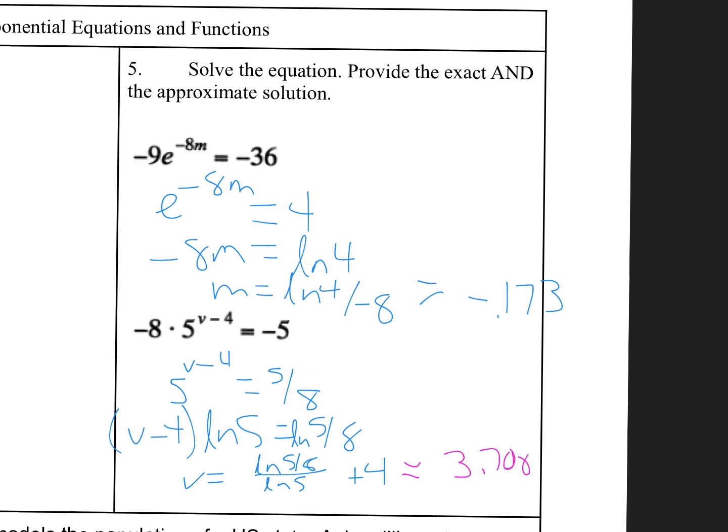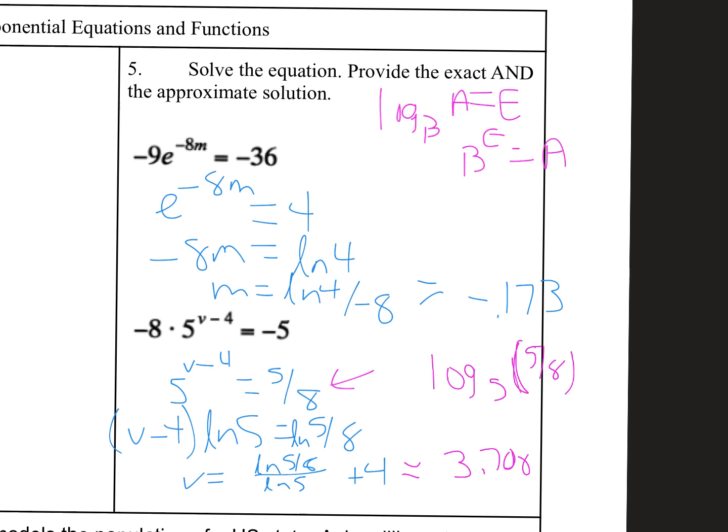I did mention you could have, at this stage, written it differently. So if we think of the log base b of a equals c as the biconditional statement with b to the c equals a, the base is going to be 5. The a part's going to be the 5/8.